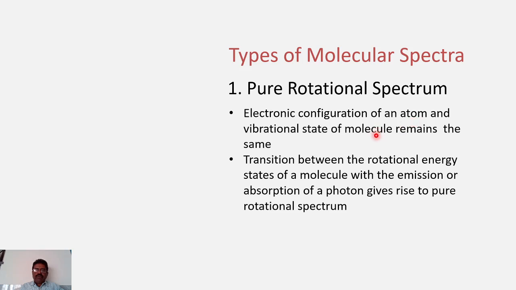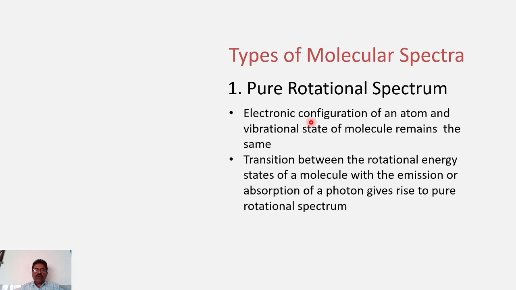Electronic configuration of the atom remains the same means what? Electronic configuration represents the number of electrons in different orbitals, shells and subshells. So if the electronic configuration remains the same, that means all electrons remain in their own level or subshell, whatever it may be.